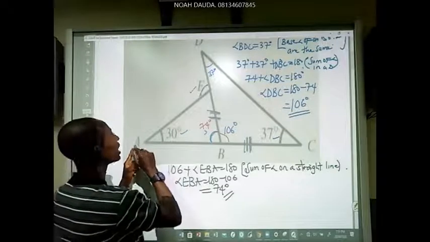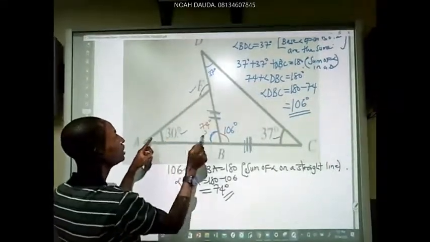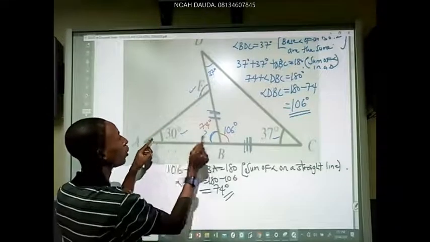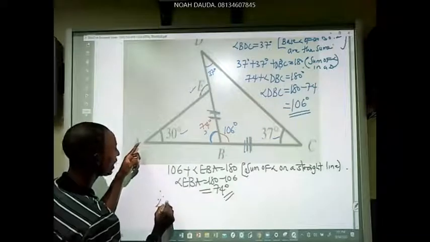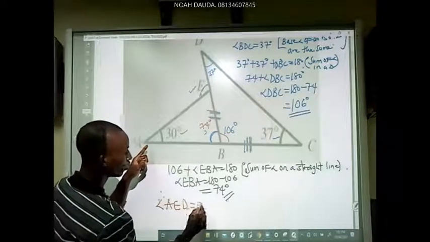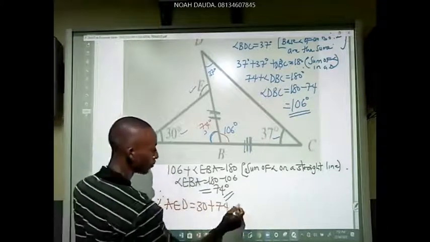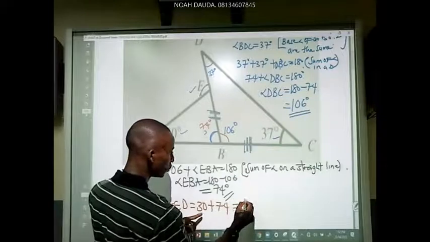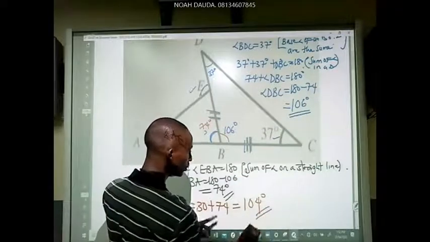Now I'm actually approaching the answer to the question. The question is to determine AED. Do not forget that AED is the exterior angle, which is equal to the sum of the two opposite interior angles. Therefore, angle AED is equal to 30 plus 74, which gives you 104 degrees. Why?